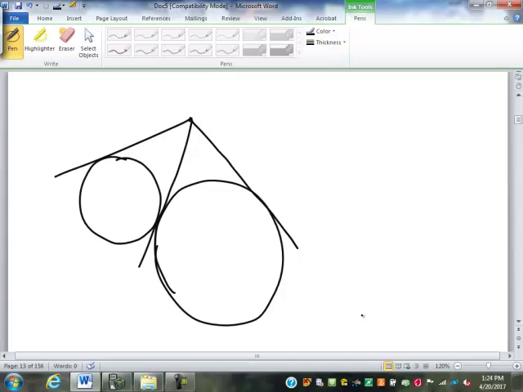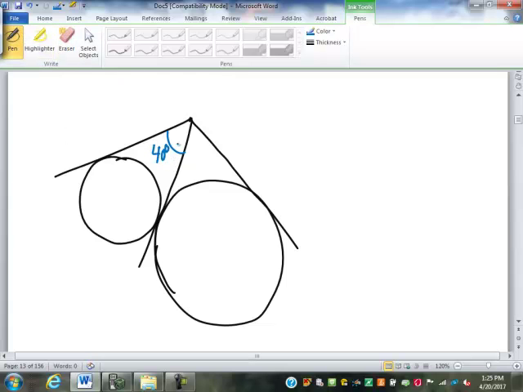These are tangents. I'll give you that those are tangents. If I tell you this angle right here is, I'm going to make it easy on us.